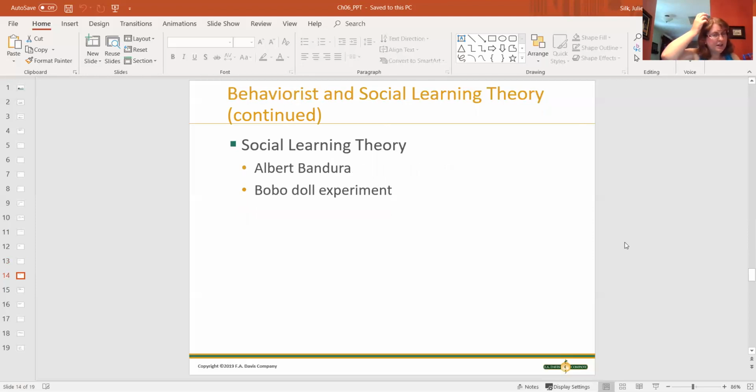All right, so the next slide here talks about social learning theory. So Albert Bandura is part of this. He completed the famous Bobo doll experiment that demonstrated the power of observation. When children observed violent acts, they mimicked them.